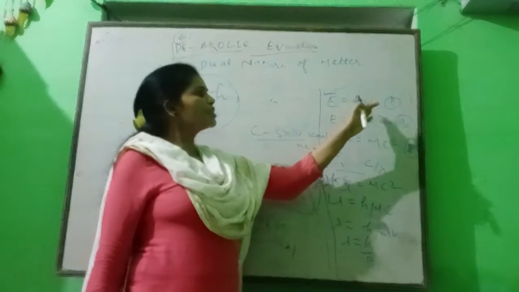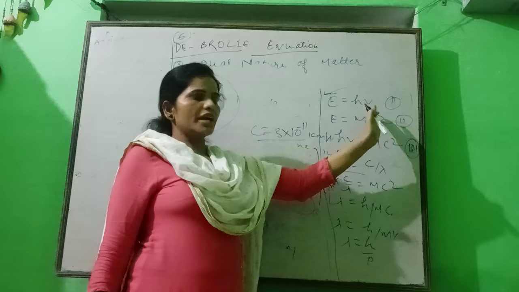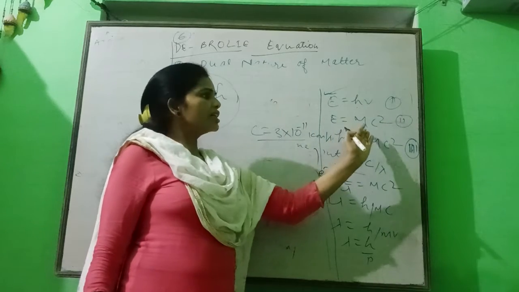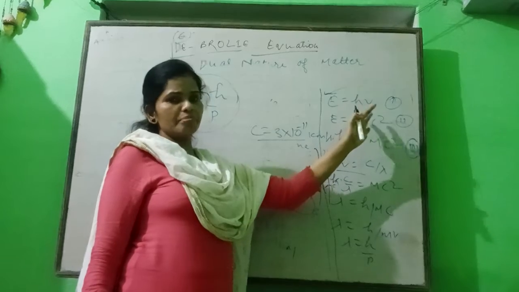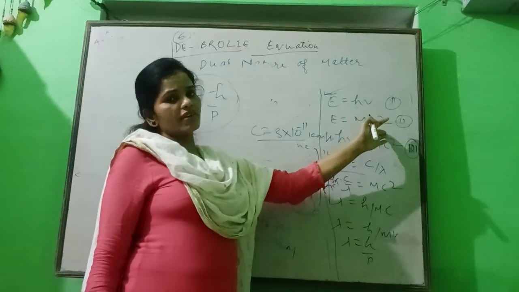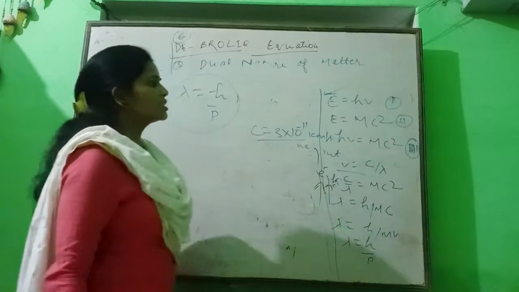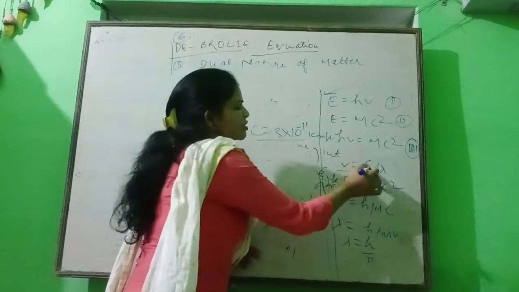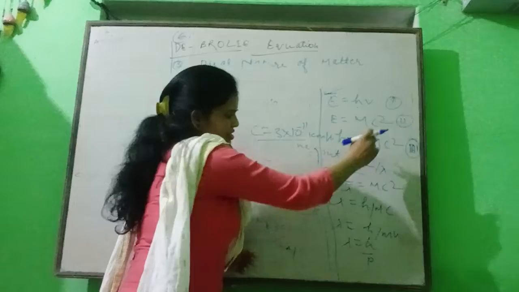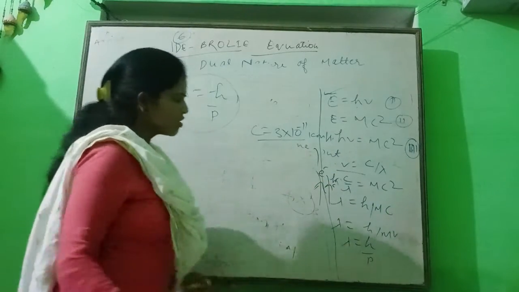First, you have to put the photon value as h into nu. After that, the Einstein equation, mass into velocity of light squared, meaning E is equal to mc square. After that, you put nu is equal to c by lambda in this equation, and you will find h upon p.